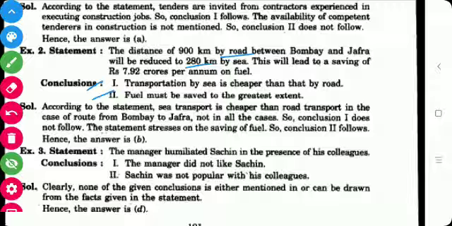According to the statement, the first conclusion does not follow, because sea transport is cheaper than road transport only in the case of the route from Bombay to Jafra, not in all cases. But conclusion 2 follows, as fuel must be saved to the greatest extent. So the answer is B.